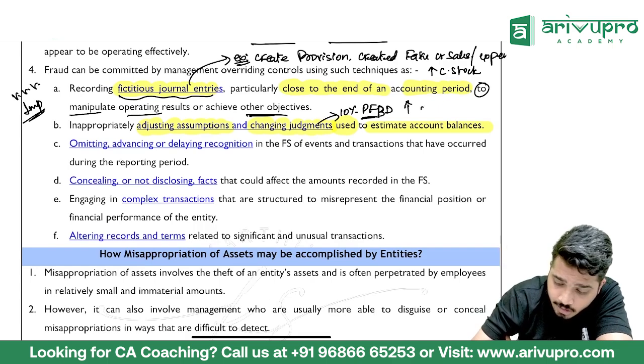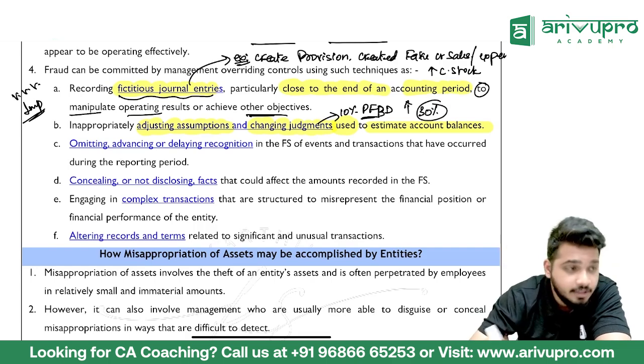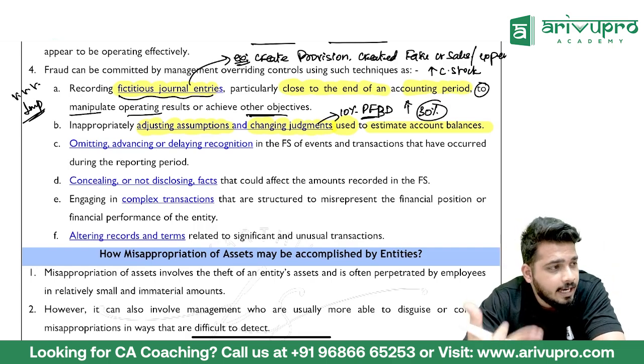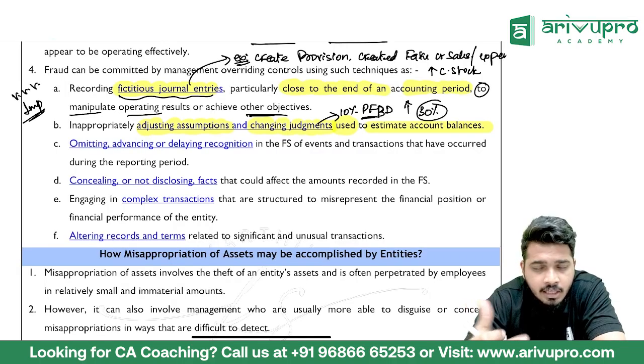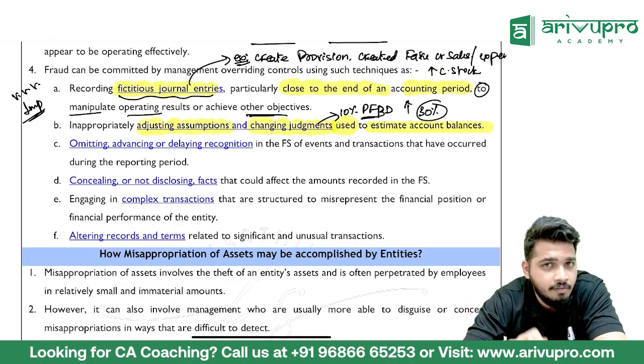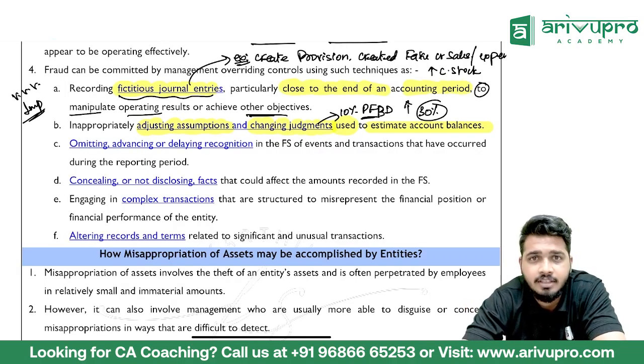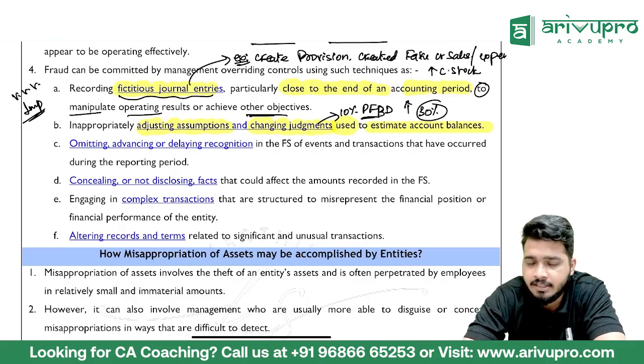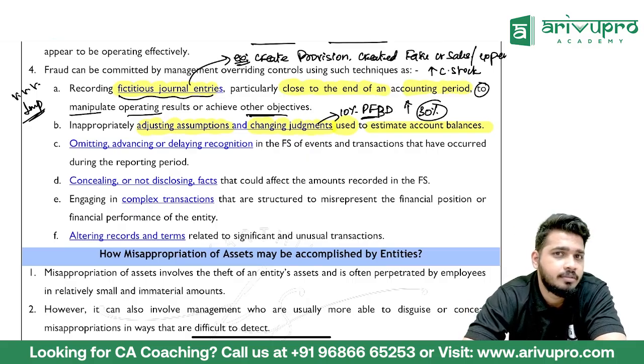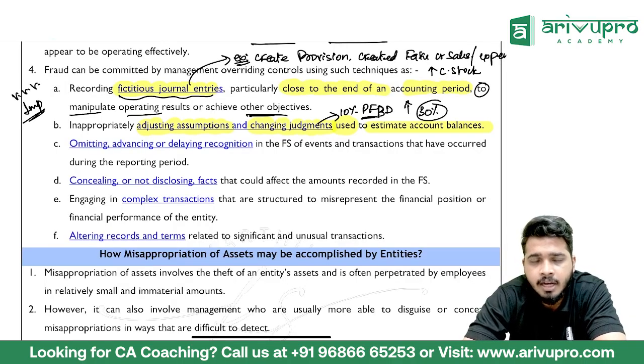I am increasing it to 30%, sir. Higher provision will result in reduction of profits and reduction of tax. Is this tax planning? No, it's not tax planning. It's tax evasion, fraud, crime.